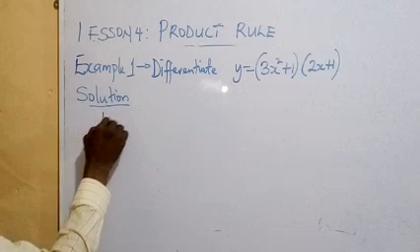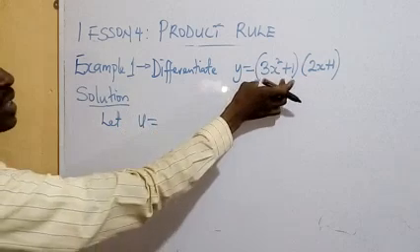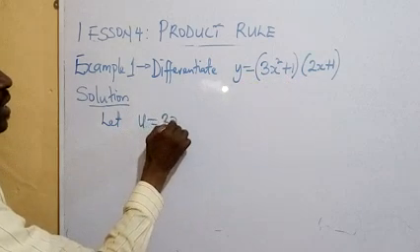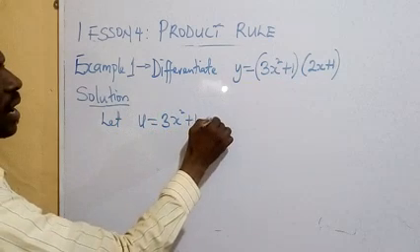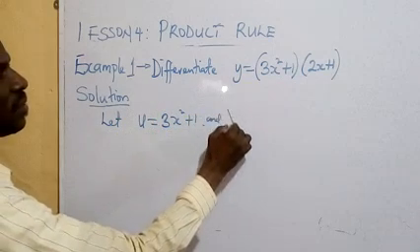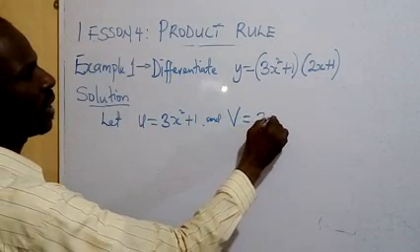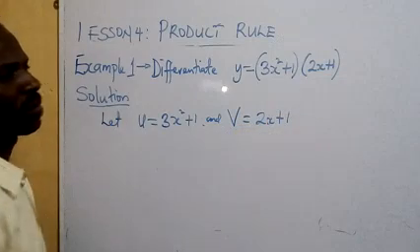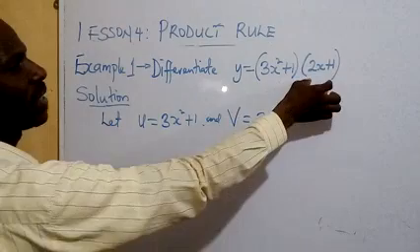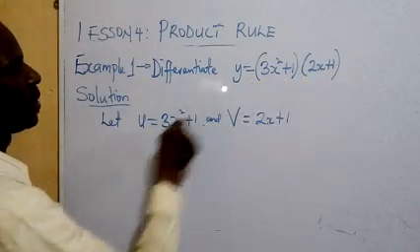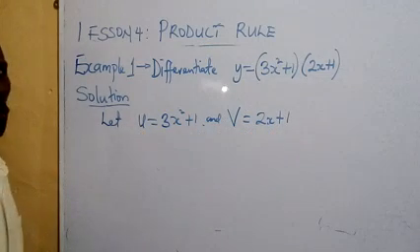You say let u equal 3x squared plus 1, and let v be 2x plus 1. Don't forget we have two functions, this and this. Let this be u and let this function be v.